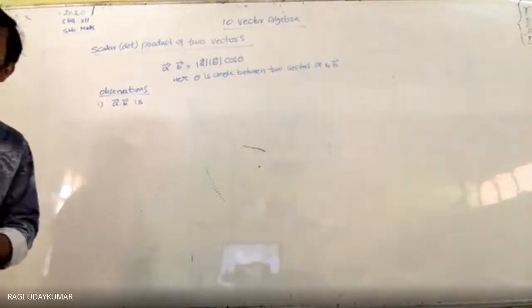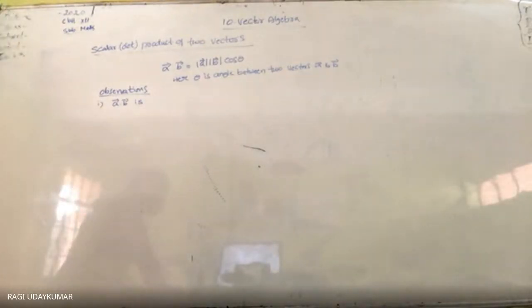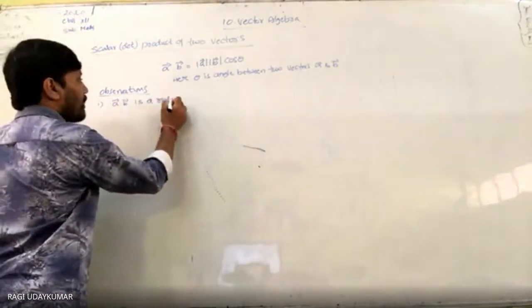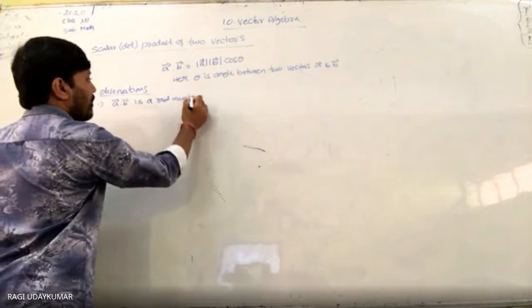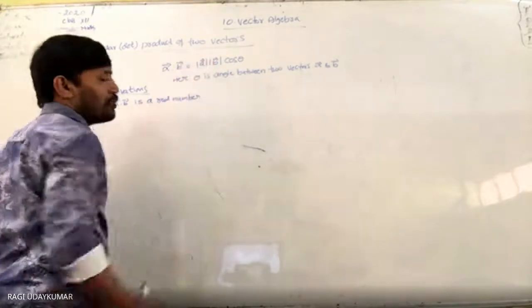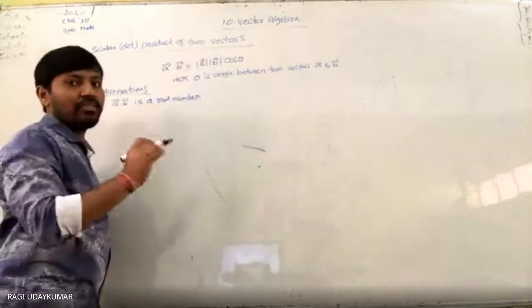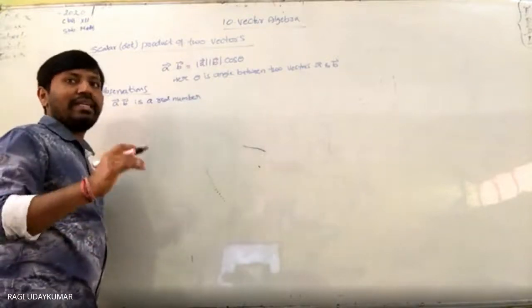Scalar means it is a quantity, not a vector. Magnitude of A bar gives a number, magnitude of B bar gives a number, and cos theta gives a number, where theta is the angle between the two vectors.